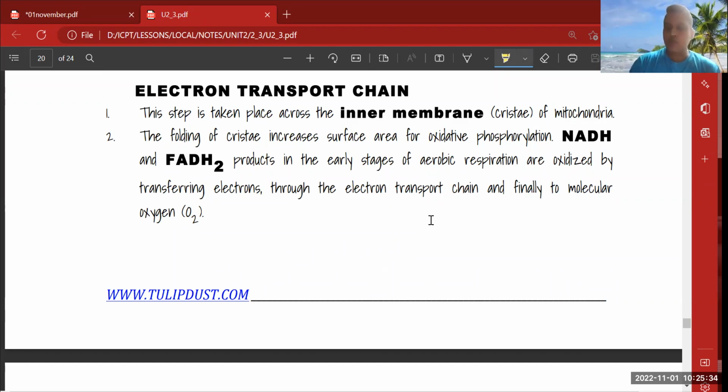the electron transport chain takes place in the inner membrane of the mitochondria. So the folding increases the surface area. Let's see what this oxidative phosphorylation is later. So NADH and FADH2 produced in the early stages of aerobic respiration are oxidized by transferring electrons through the electron transport chain and finally to a molecule of oxygen.